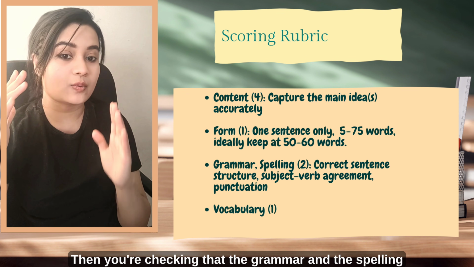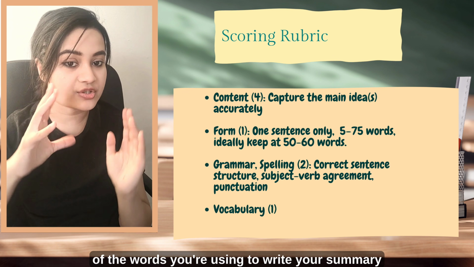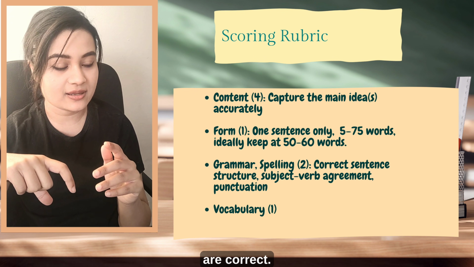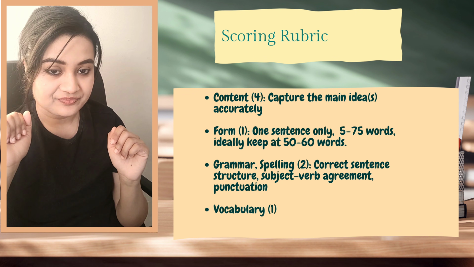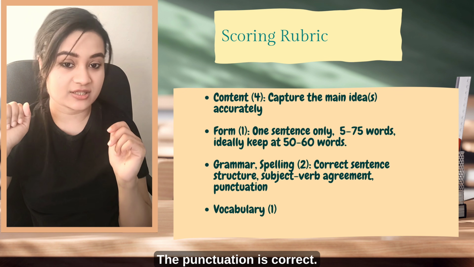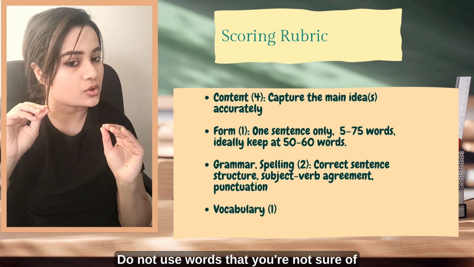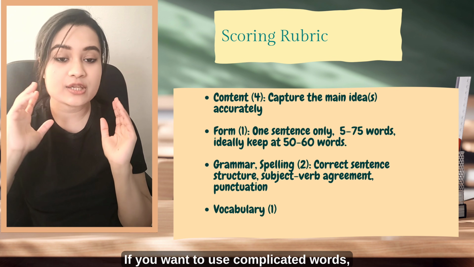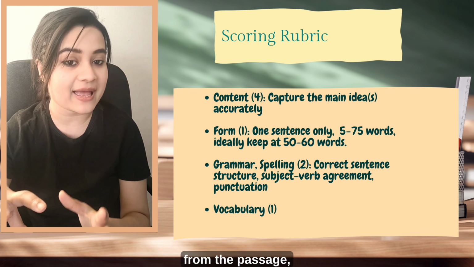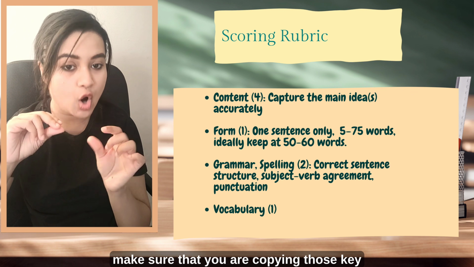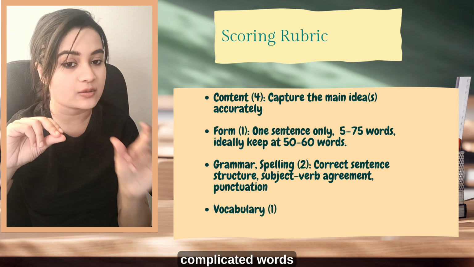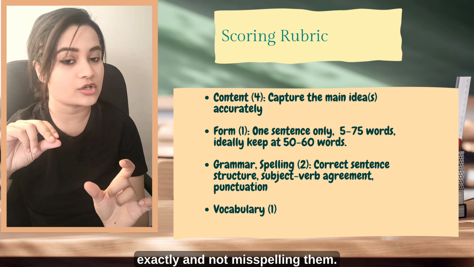Then you're checking that the grammar and the spelling of the words you're using to write your summary are correct, and the punctuation is correct. Do not use words that you're not sure of the spelling of. If you want to use complicated words from the passage, make sure that you are copying those key complicated words exactly and not misspelling them.